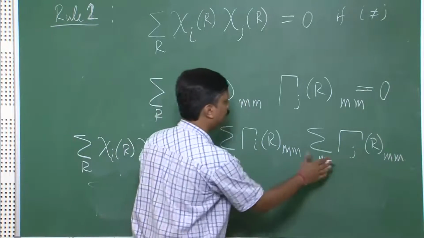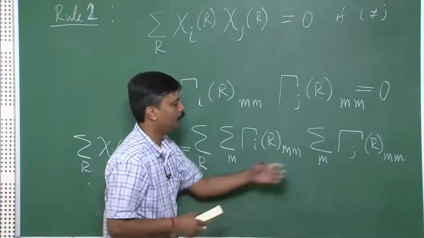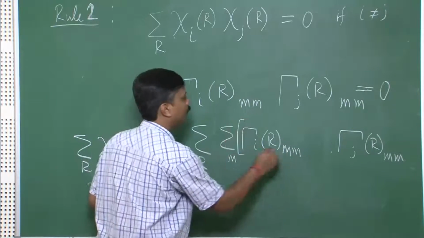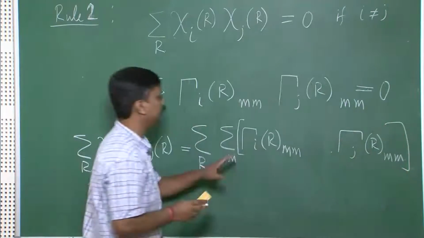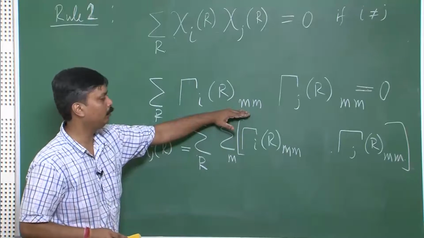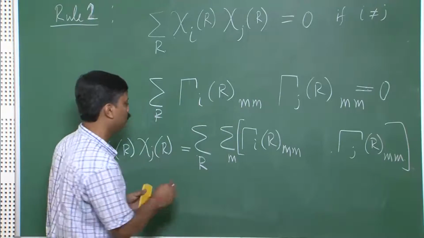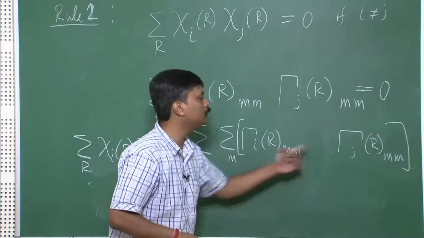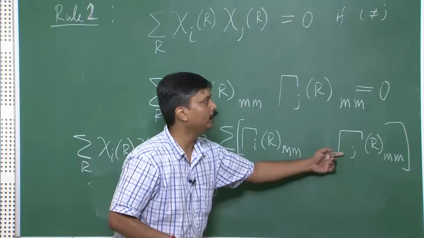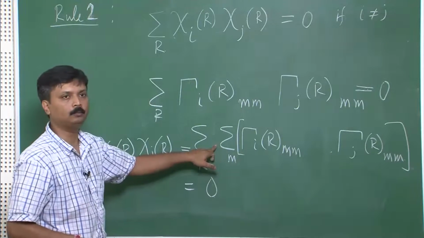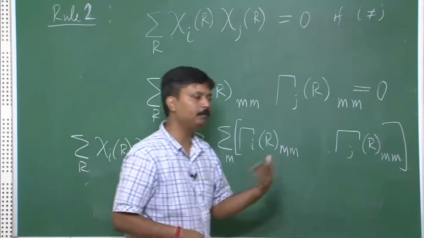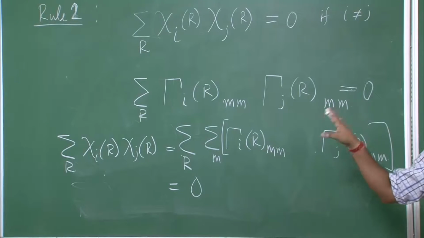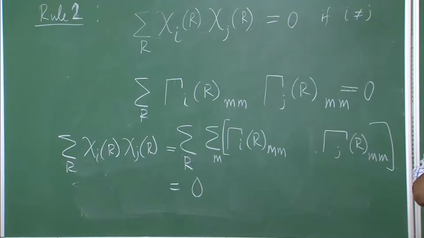Since we are summing over the same m, instead of writing this separately, I can club it all together. Now, this I have already got as 0, which is exactly written here. So this part is also 0. Only in case I equals j will this be non-zero. In that case, it will give me the value of the square of the length of the vectors, that is, of the irreducible representations here.